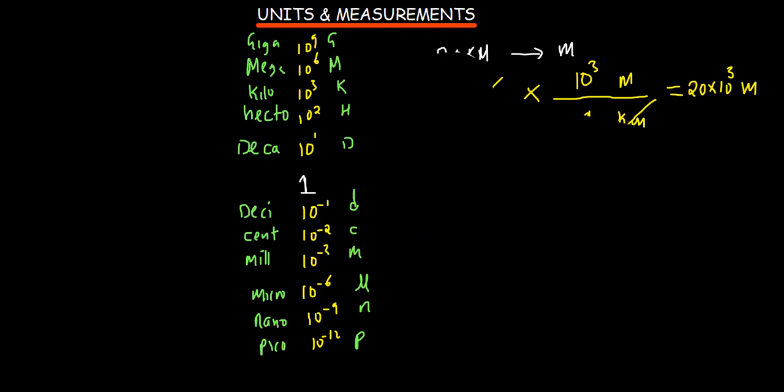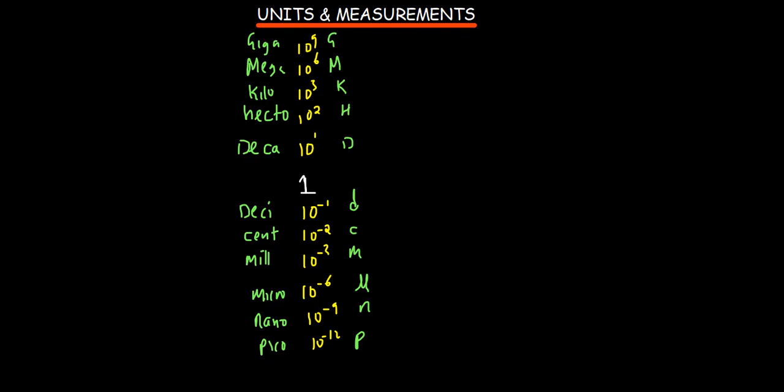Let's do another conversion. Let's say, for example, they've told us to convert 20, let's say, nanometers to kilometers. Now, can you see for this kind of question, we are coming from nano, which is on the negatives.